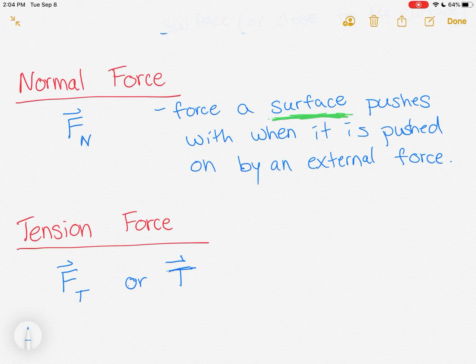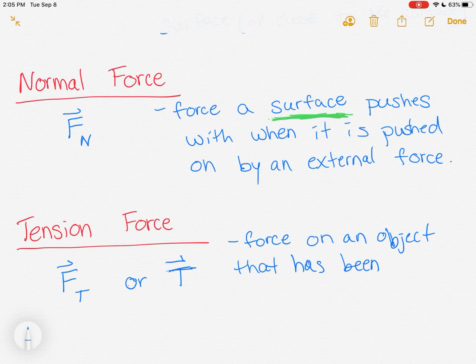Okay, this is the force on an object that has been, there's a couple of examples here, stretched, compressed, or twisted.